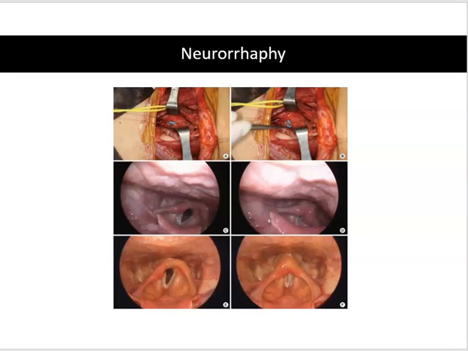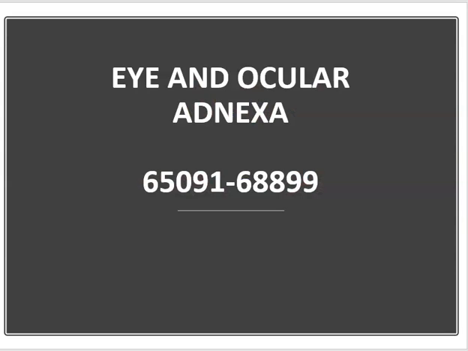And you'll notice they start off with the word suture because raphy means to suture. All right, next up, we're going to go to eye and ocular adnexa. So now we're on page 447. Our anatomic sites for eye and ocular adnexa include the eyeball, the anterior segment, the posterior segment, the ocular adnexa, and the conjunctiva.